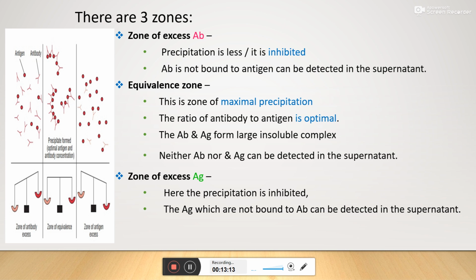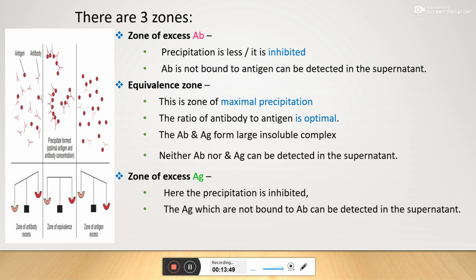The next zone is the equivalence zone, in which the amounts of antigen and antibody are equal, and this zone is also called optimal. This zone is the zone of maximal precipitation. At this zone the precipitation will be at maximum, and the antigen and antibody concentrations are optimal.